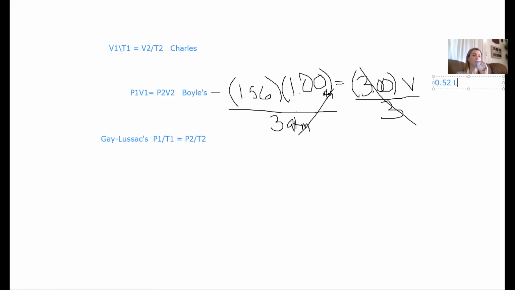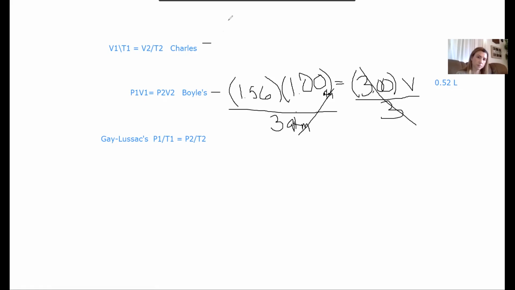All right. Let's take a look at Charles' law. Those of you who love to cross multiply, do that on this next one, because there are several ways to do the next problem, and I want you to choose the easiest one for you. But let me help you set it up. We're going to calculate for Charles the decrease in temperature.